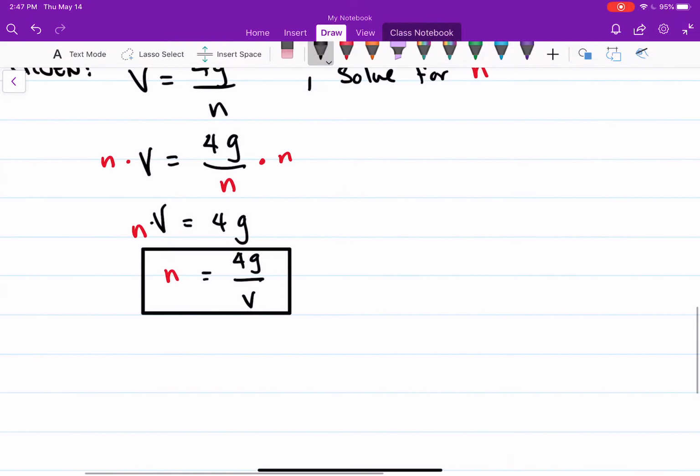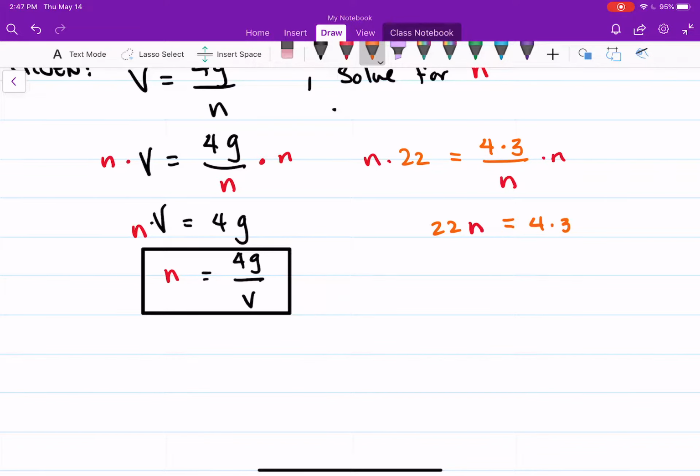Okay? So again, if you have to, pretend it's numbers. Let's say I'm going to say it's 22 is equal to 4 times 3 divided by n, and I've got to get n by itself. So I'll still multiply n on both sides. So I'll have 22n is equal to 4 times 3, or 12, right?